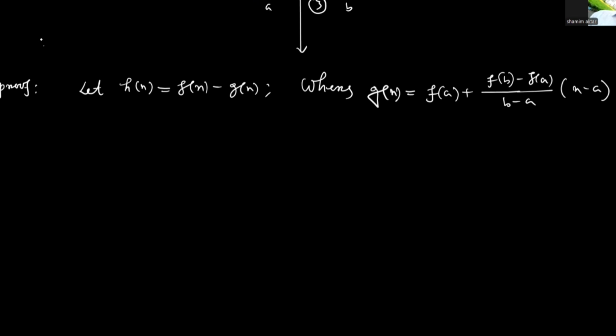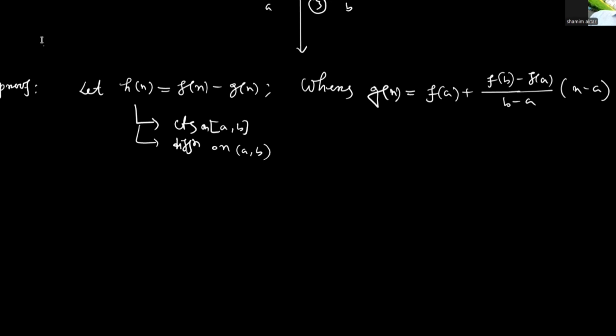Clearly h is continuous because f and g are continuous functions, and also h is differentiable because f is differentiable and g is clearly a differentiable function, on the open interval (a, b). And h(x) is continuous on the closed interval [a, b].